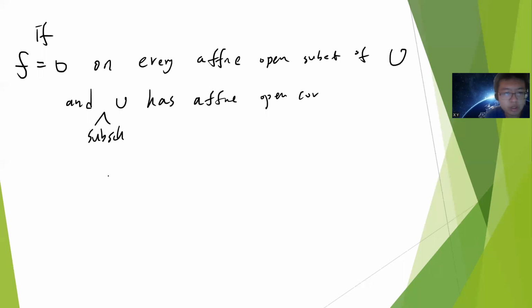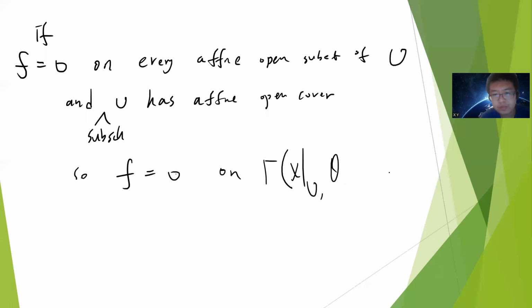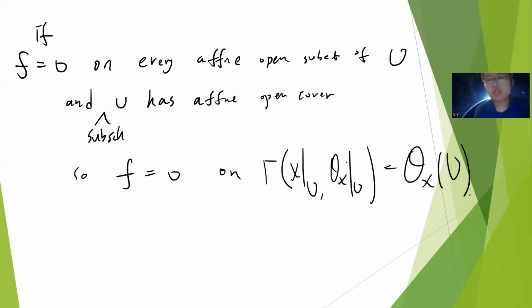So by the gluing property, f is 0 on global sections, so on Gamma of X restricted to U. This is basically O_X(U). Okay, so this is our final proof.